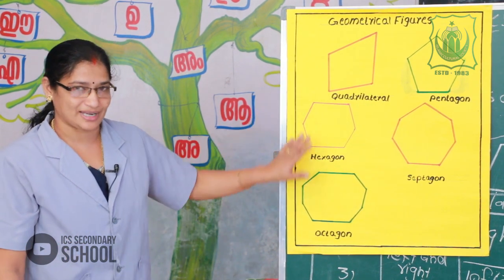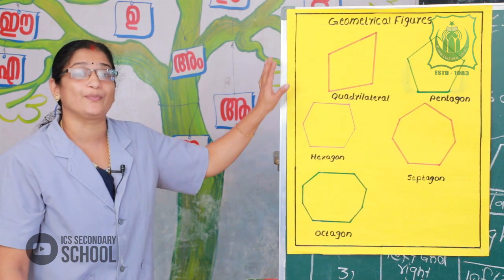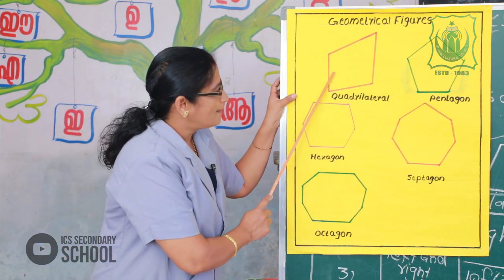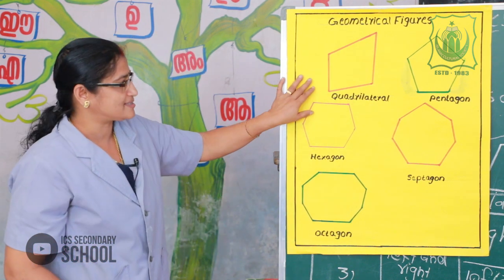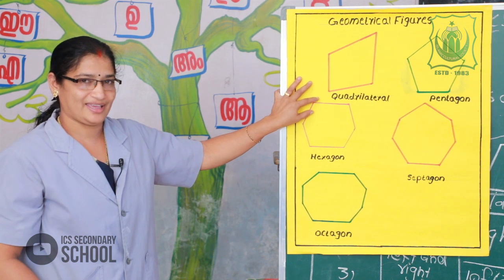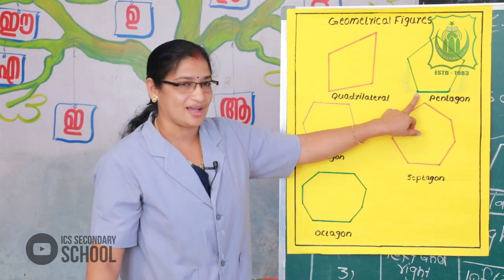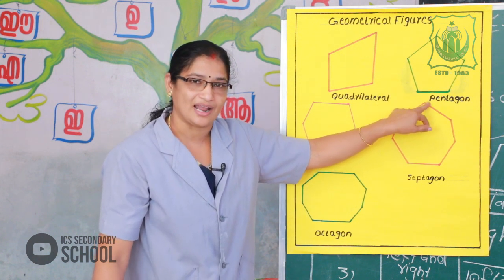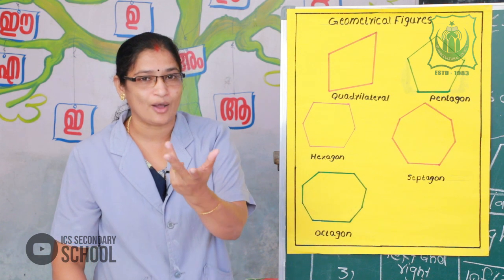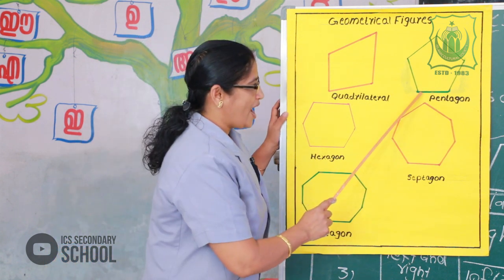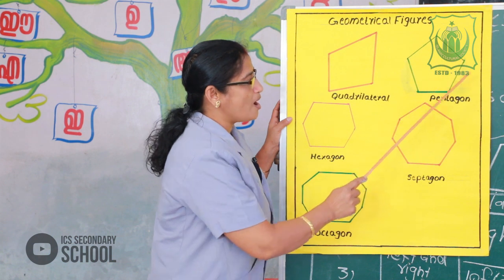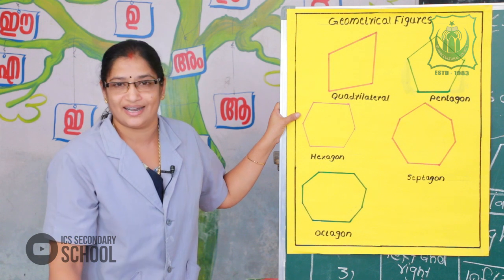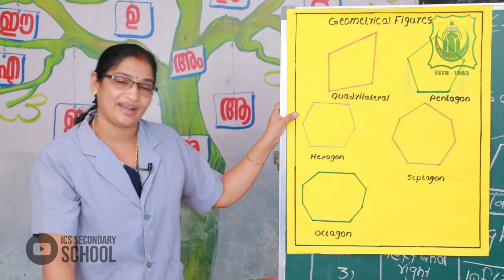The first is quadrilateral, 4 sides. Another figure: read this name, pentagon. How many sides? Count. 1, 2, 3, 4, 5. 5 sides are known as pentagon.